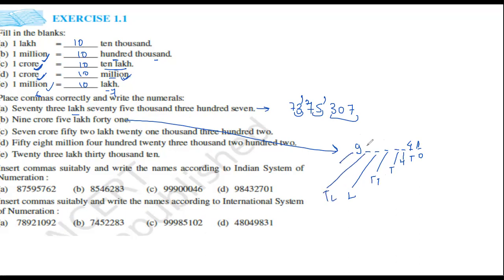As he's not saying any 10 lakh part, I'll have to put it as 0. Now 9 crore, 5 lakh. So I'll put 5 here, lakh, 21,000. So here it is 1,000. So I'll put 21,000.